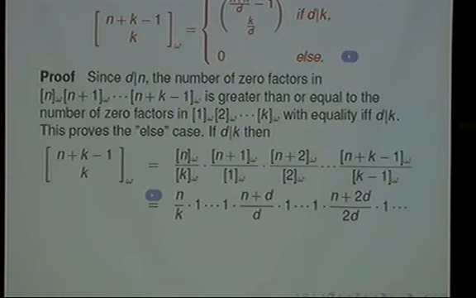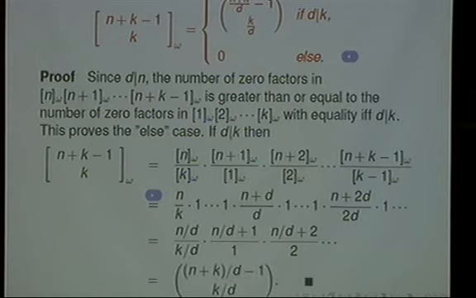So how can I make this into a binomial coefficient? The guys on the top and the bottom now are no longer consecutive integers, but you can fix that by dividing everything by d. That's why I need to divide things by d, because if I divide by d, now on the bottom I have k over d factorial, and on the top I have exactly what I need to have that binomial coefficient.